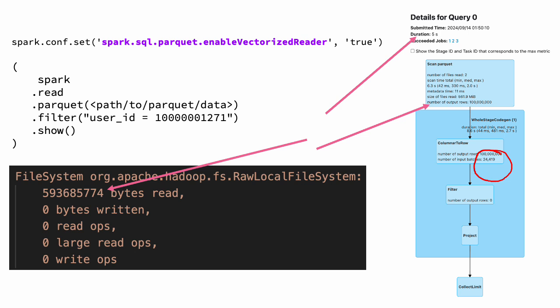This is because if you split 100 million values into batches of 4096, you will get this many batches. So it was able to do an optimized scan of all the column values and reduce the job runtime. However, we have not gained anything on the number of rows materialized or the volume of data scanned.